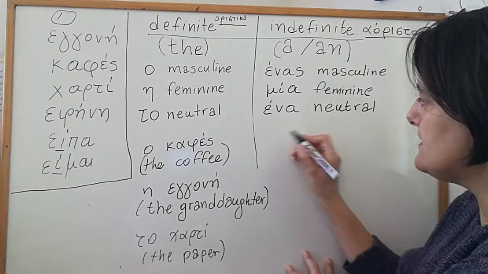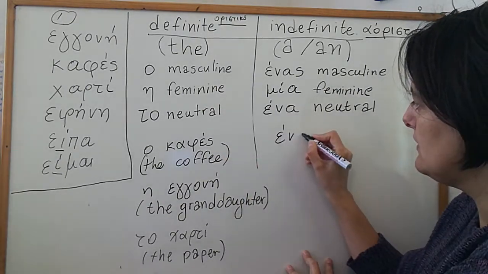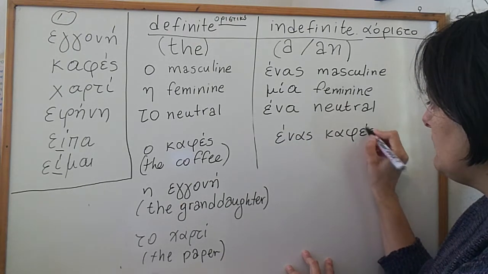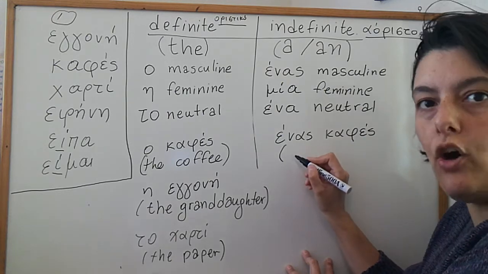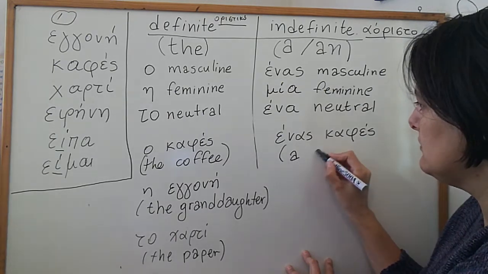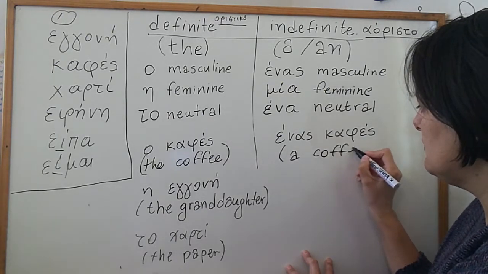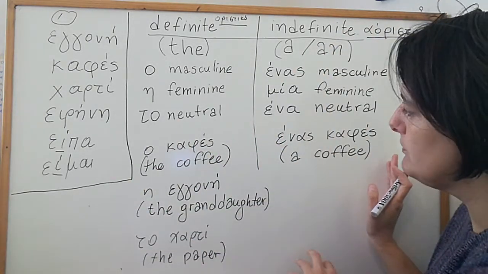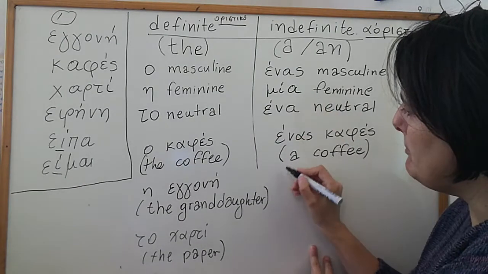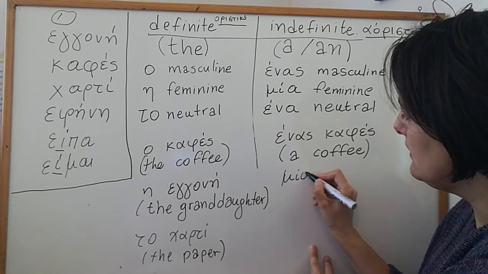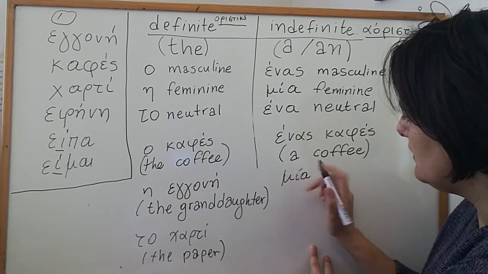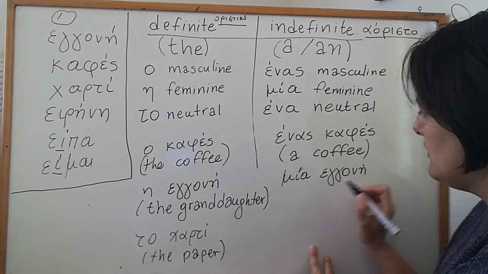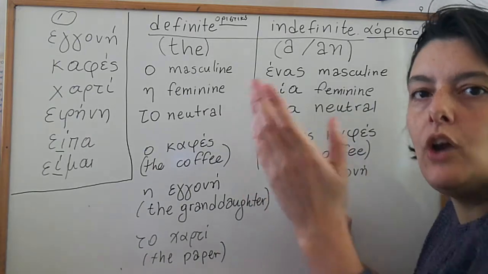So we use ένας for the masculine. So ένας καφές, it means a coffee. Any coffee, not this one, a coffee. Μία εγγονή, a granddaughter.